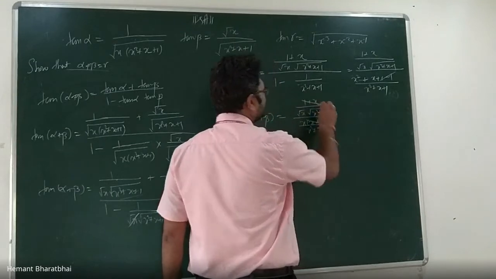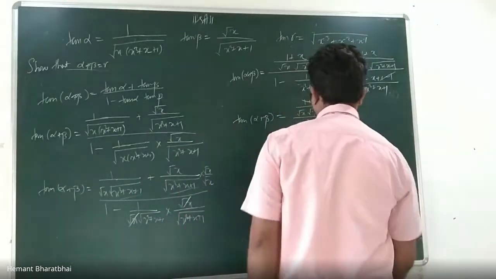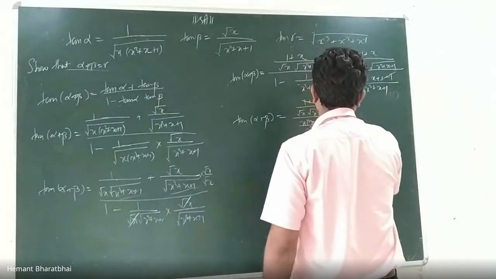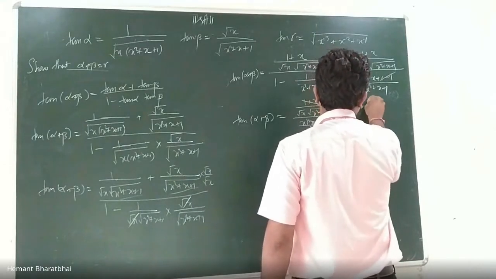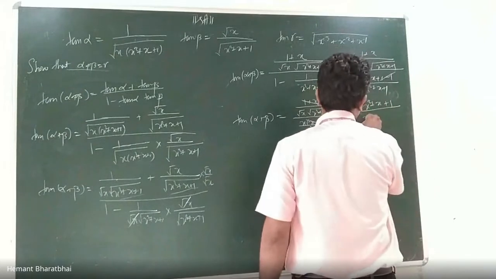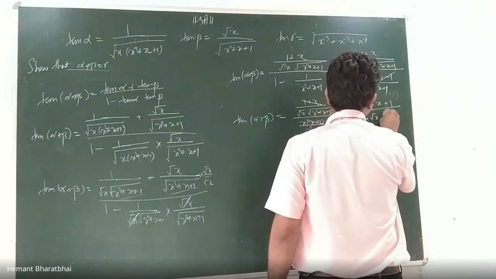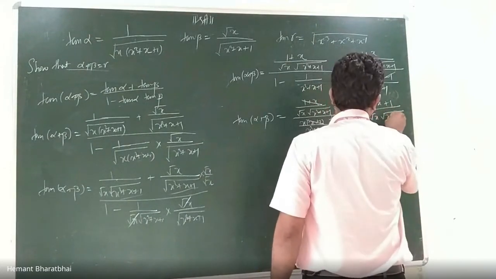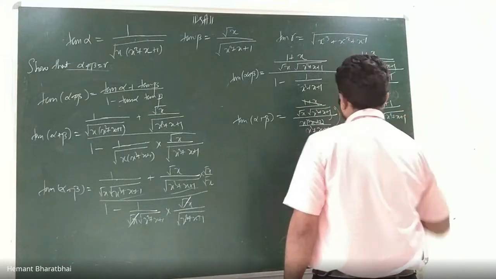So this x plus 1, this x plus 1 gets cancelled, this will come down, this will go up, so I will get x square plus x plus 1, the whole upon x into root x into root of x square plus x plus 1.